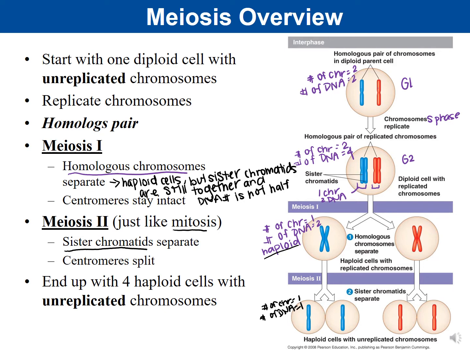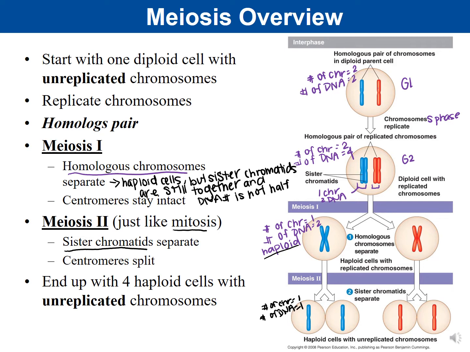The way that I can remember what separates in meiosis 1 and what separates in meiosis 2, for me, the easiest way to remember is alphabetical order. Homologous chromosomes separate first, sister chromatids separate second. So H comes before S. So homologous chromosomes separate first in meiosis 1.